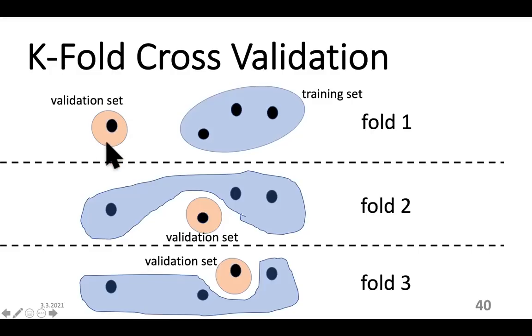Each of these subsets is once used as a validation set and the rest as training set, and you iterate over all possible permutations, so to say. Then you average the validation error you get for the first iteration with the validation error you get for the second, and so on and so forth. So there's no need to pick any iteration here. You compute the average over all iterations.